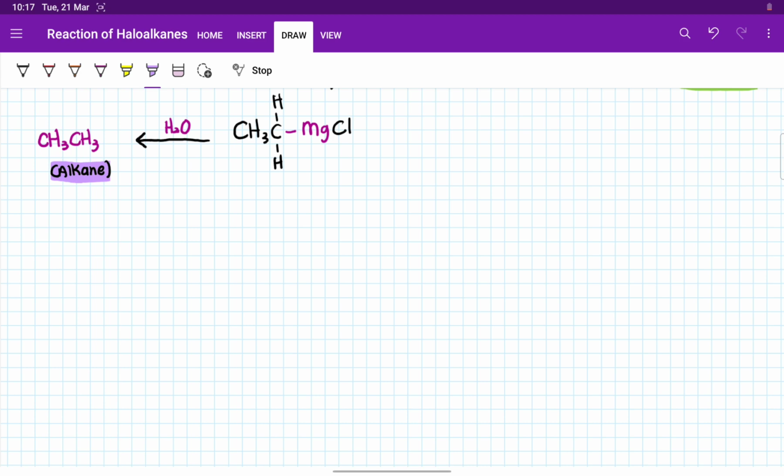So the second reaction is we want to prepare a carboxylic acid. Jadi apa reagent yang kita akan gunakan untuk prepare carboxylic acid daripada kita punya Grignard reagent? So to prepare a carboxylic acid from a Grignard reagent, it will be a 2-step reaction yang mana, pada step yang pertama, kita akan reactkan kita punya Grignard reagent dengan carbon dioxide, dan step yang kedua, kita akan ada hydrolysis with acidified water dekat sini.